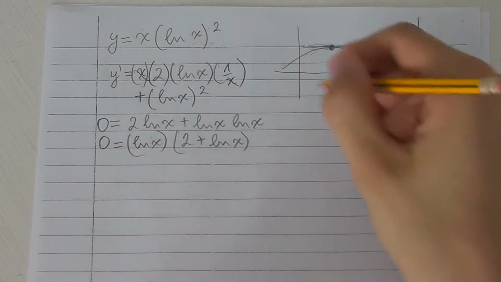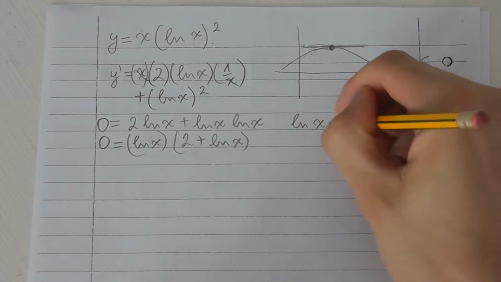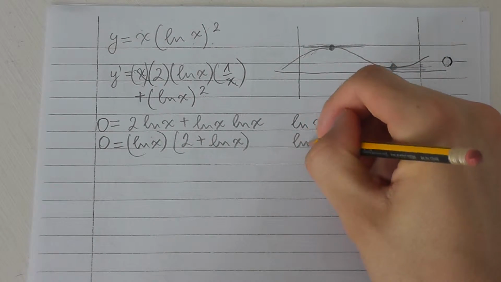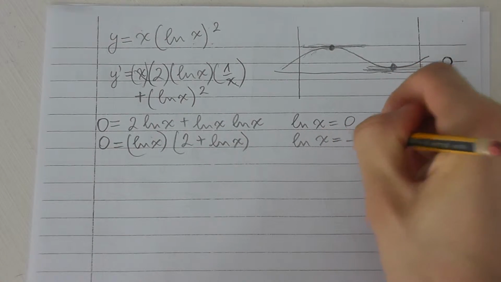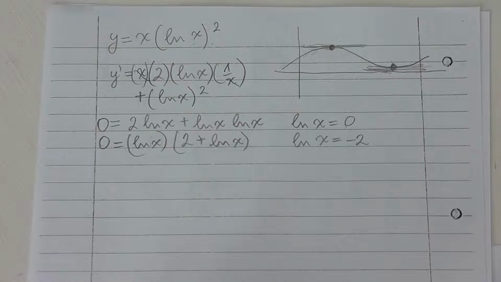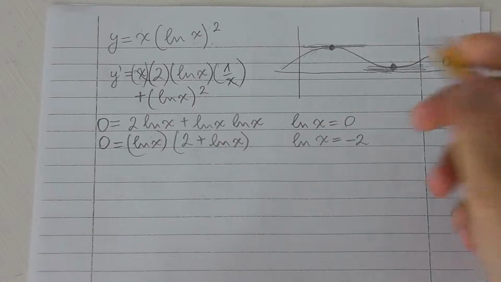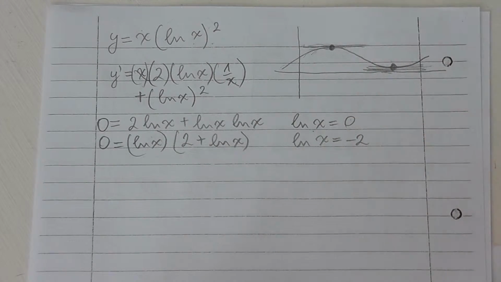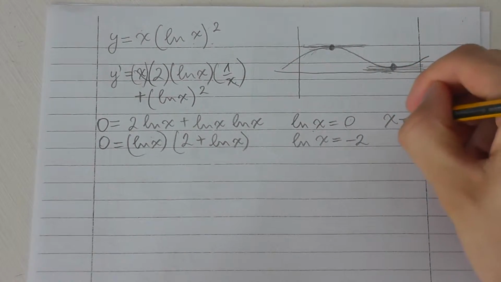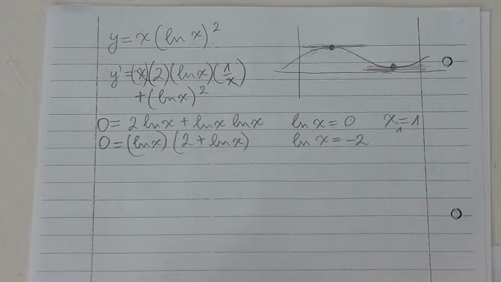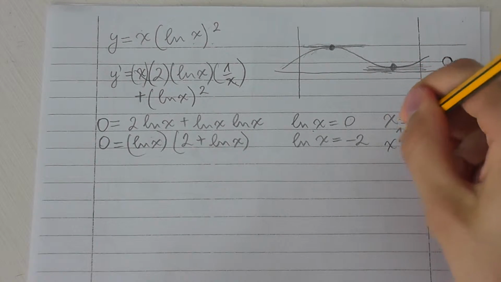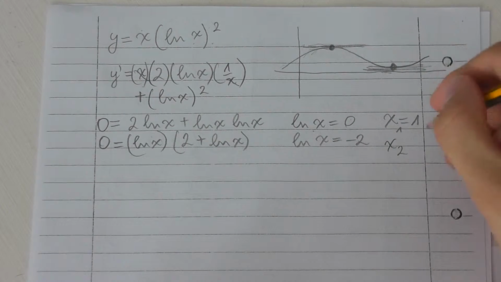Now the first part tells us that ln x is equal to 0. The second part tells us that ln x is equal to minus 2. From this we get that e to the 0, of course, is 1. And so our first x is 1, and our second x is e to the minus 2.